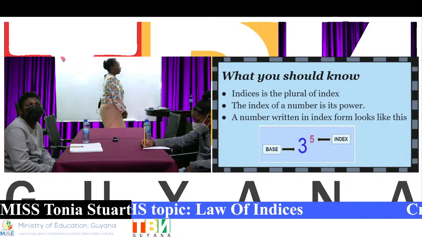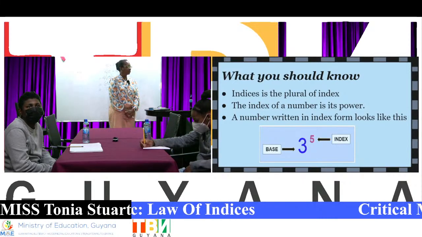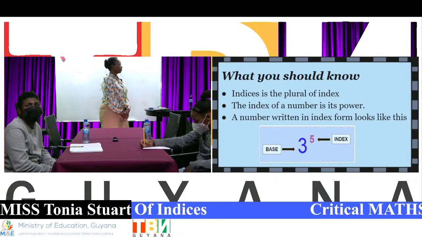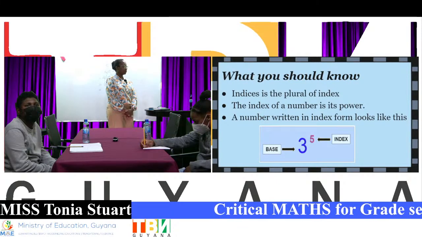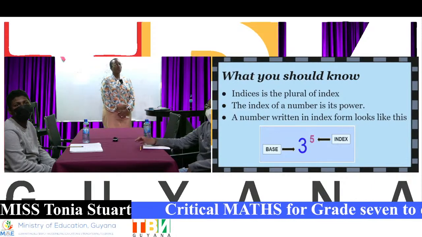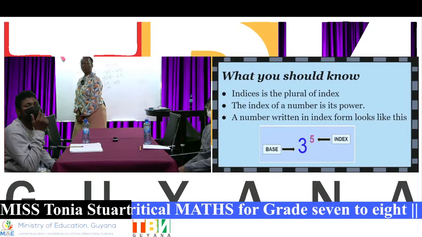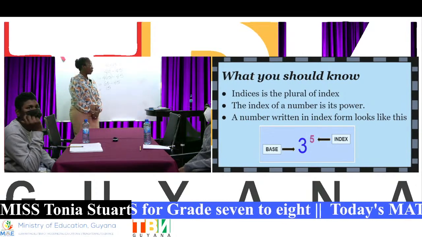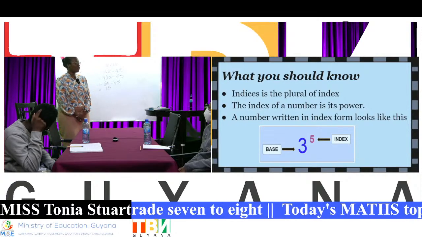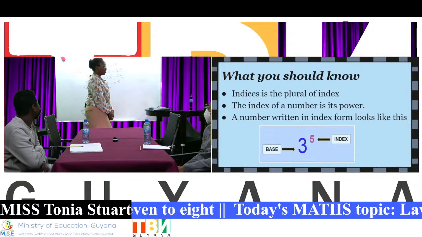What you should know. Indices is the plural of index. The index of a number is its power. A number written in index form looks like this. Good. So the number written in index form, you have 3 to the 5th power. And we know from what we would have learned earlier that the 3 represents the base, right?